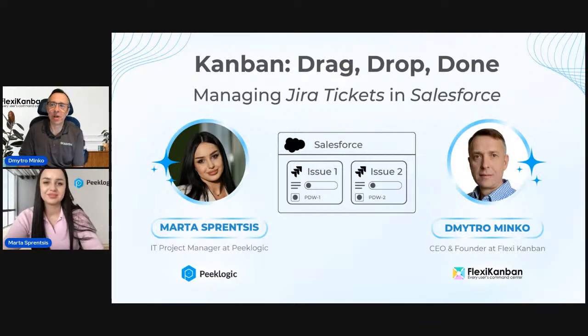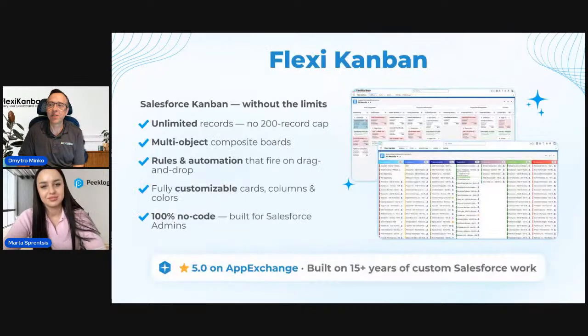And hello, everyone. I'm Dmitro, CEO and founder of FlexiKanban. For those who are new to FlexiKanban, we are a Salesforce native Kanban app built for teams that need more flexibility than the standard Salesforce Kanban view. In simple words, FlexiKanban turns Salesforce records into visual boards, customized to your specific workflow.